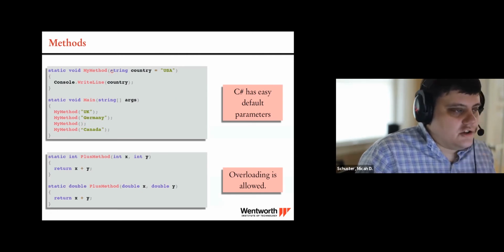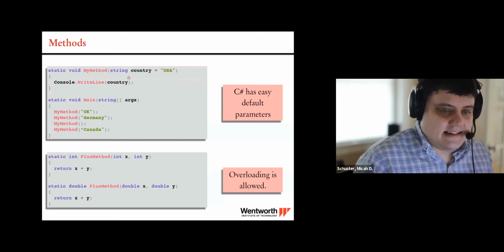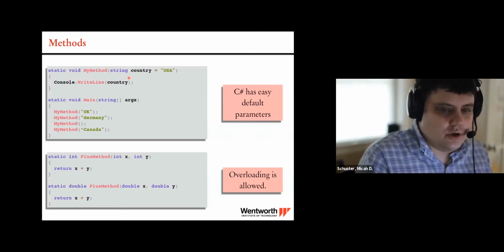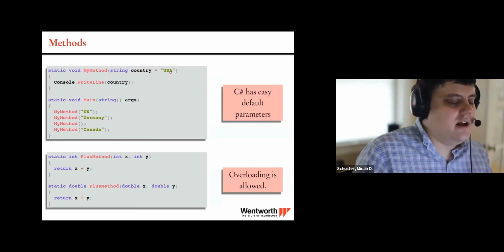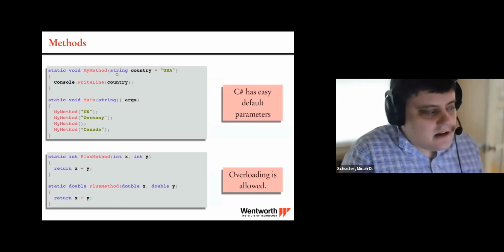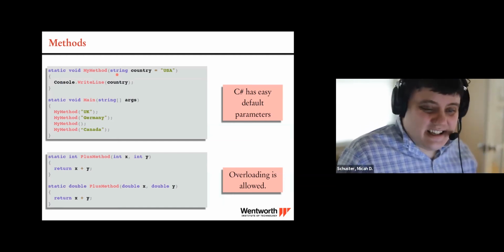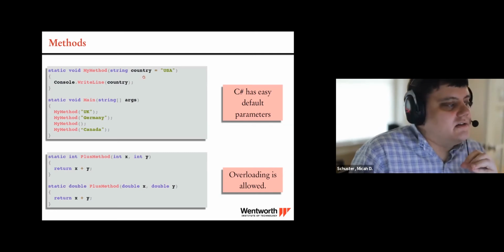You can mimic this in some ways in Java, but Java explicitly does not have default parameters like this. Other languages do. If you use Python and stuff, they have default parameters. So you may have seen this before when using other languages. C# has it. I've never had a major reason to use it, but potentially it could be useful in some situations.